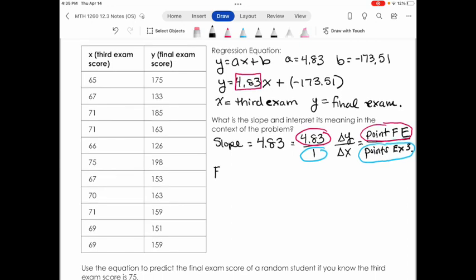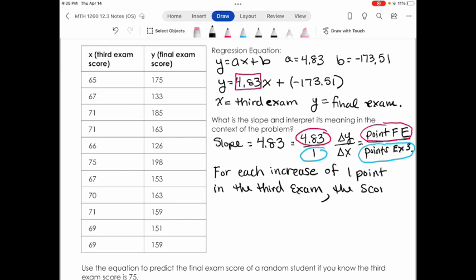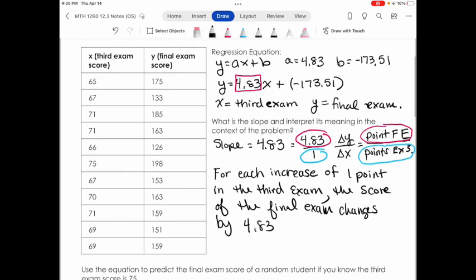So I would say for each increase of 1 point in the third exam, the score of the final exam changes by approximately 4.83 points.